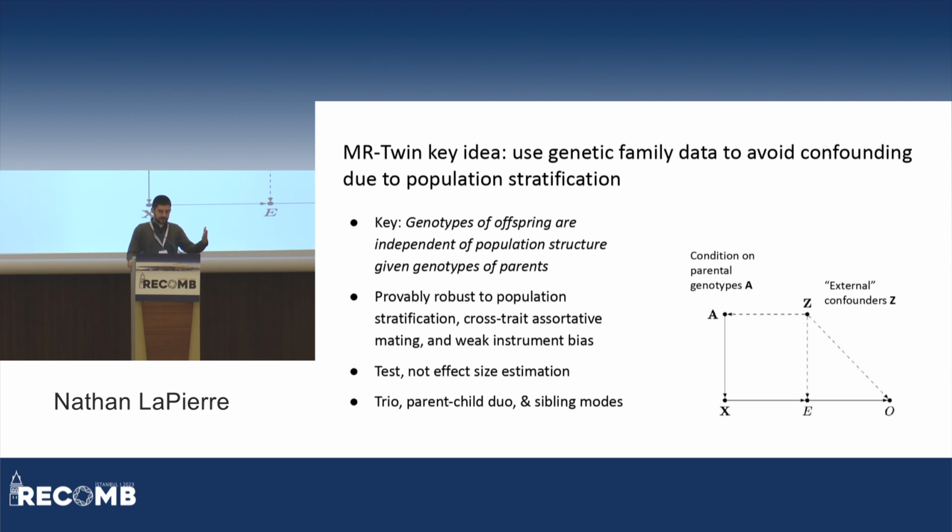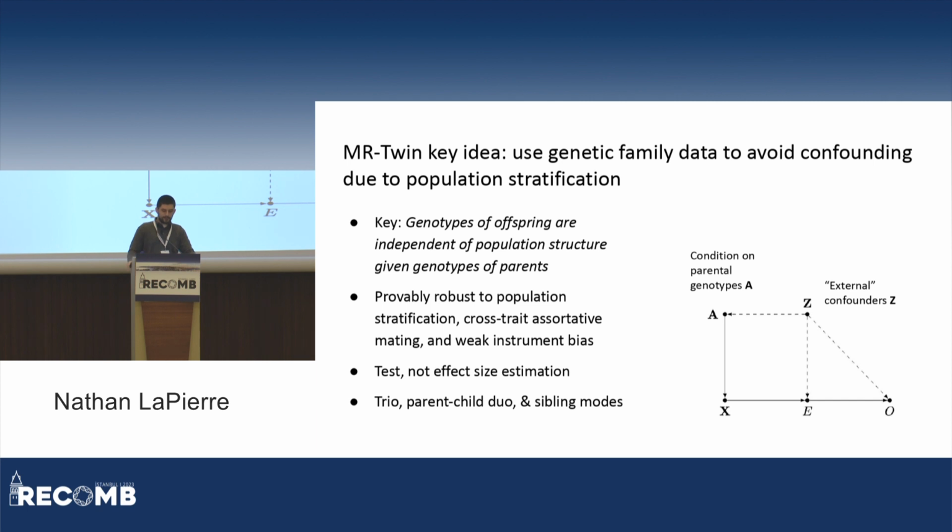The key idea is that the genotypes of the offspring are independent of population structure given the genotypes of the parents. If I have your parents' genotypes, I know the probability that you inherited your genotypes from your parents. It doesn't give any additional information to know your ancestral background, right?